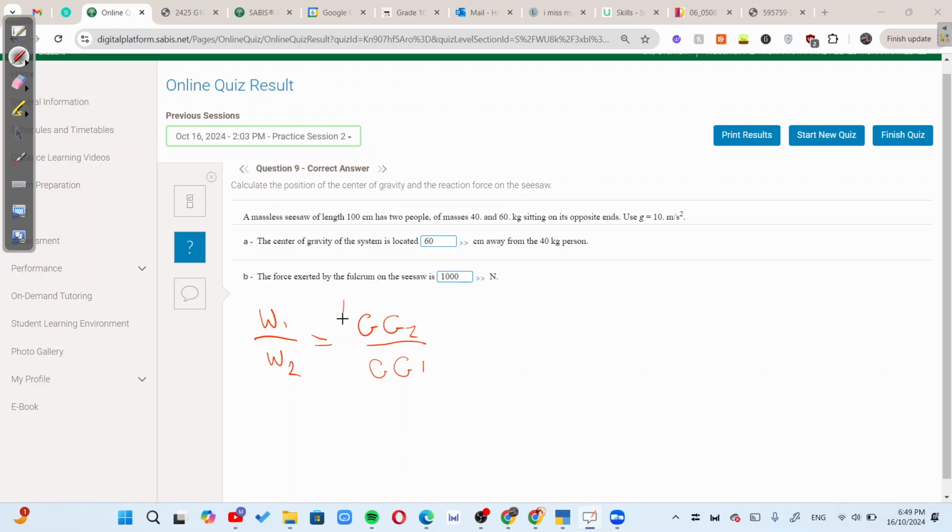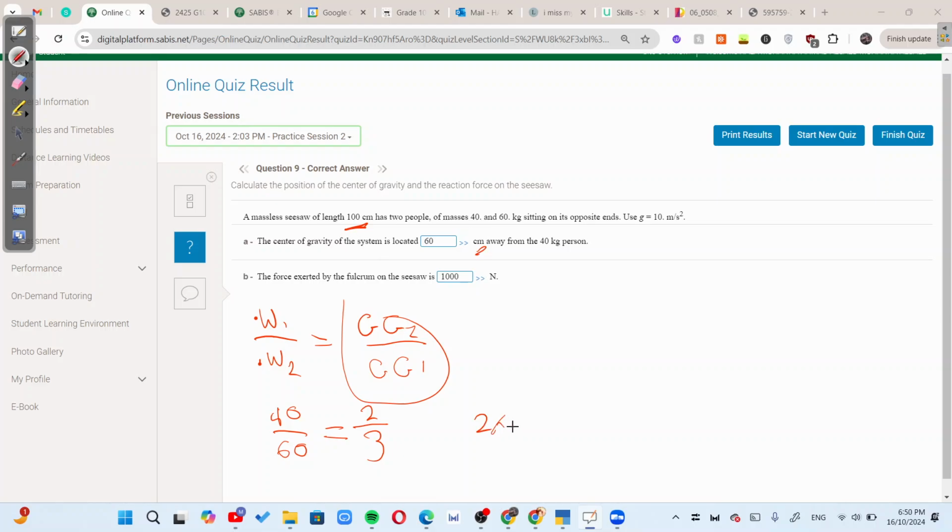We don't really care much about this; we will look at weight 1 and weight 2. So if you have a person of 40 and a person of 60, your ratio is 2 to 3. Since our ratio is 2 to 3, when you add them, they equal 100 centimeters, since they want it in centimeters, so make this meter.